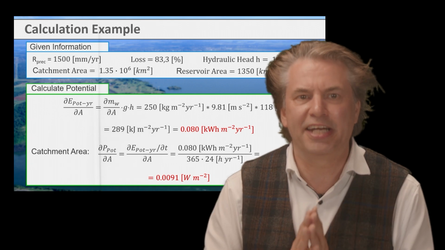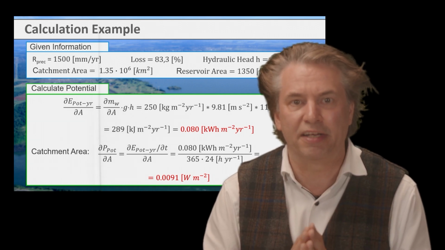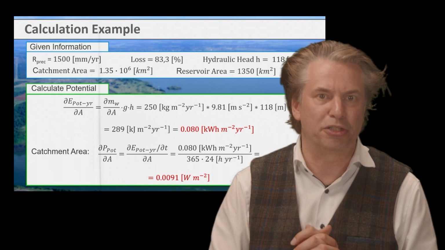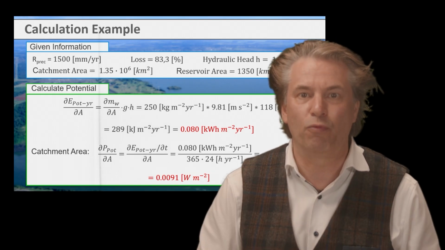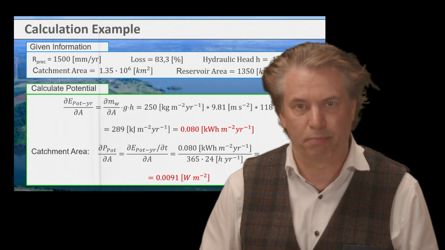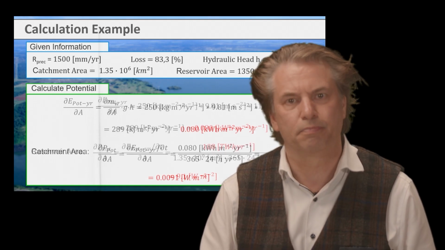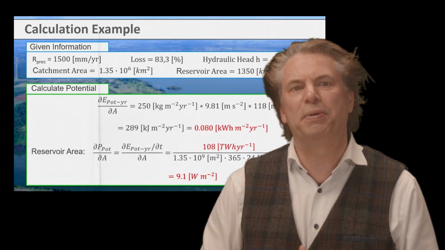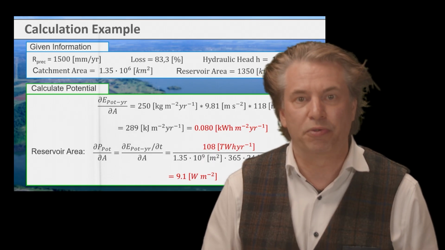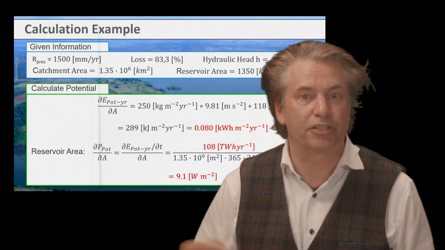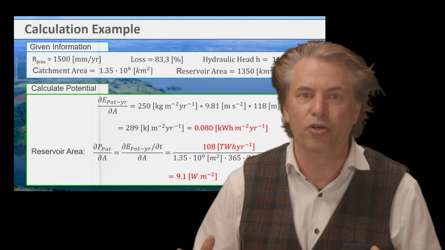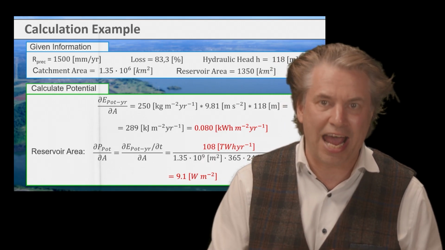If we express the yield in power per area in reference to the catchment area, we get something like 0.0091 watt per square meter, or 9.1 milliwatt per square meter. If we want to compare the power density of hydroelectricity with other technologies, which we will discuss in the upcoming video lecture, it's more relevant to only consider the areal footprint of the water reservoir and the dam.